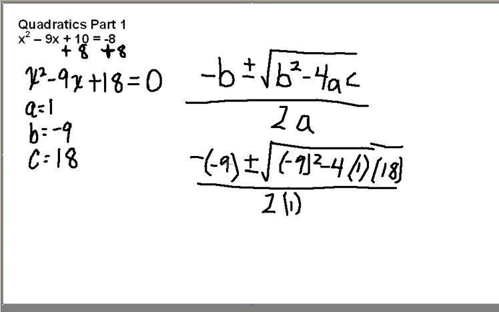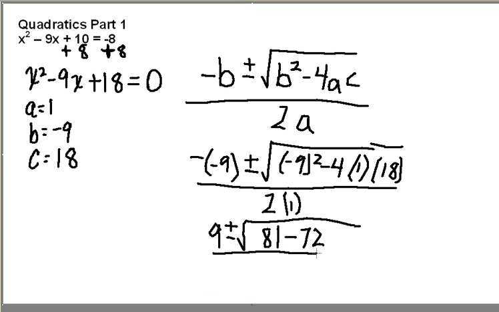Now, minus of minus 9 gives me 9, okay, plus or minus the square root of 9 squared, which gives me 81, minus, because I've got minus 4 times a 1 times an 18, so that gives me a negative 72, all over 2 times 1, which is 2.